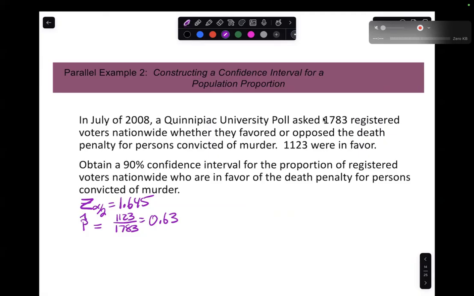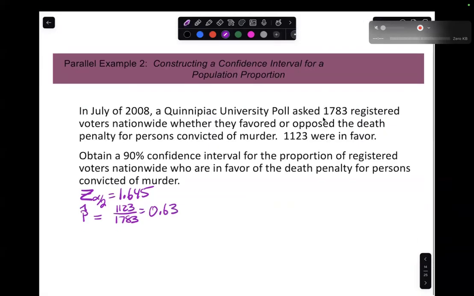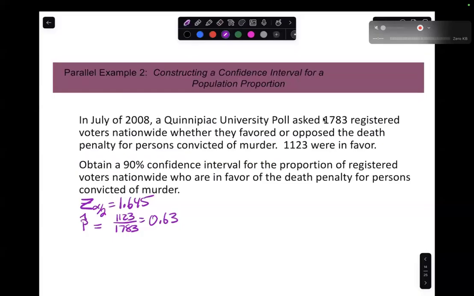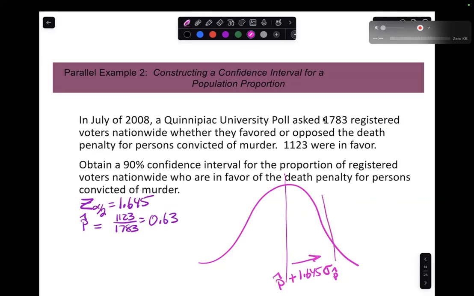All right. So here's what's going to happen. I'm going to draw a picture and then I'm going to delete it because I need the room. Okay. My p hat is right here. What I'm going to do is add 1.645 times whatever my standard deviation is to go this way, and that's going to be the top edge.